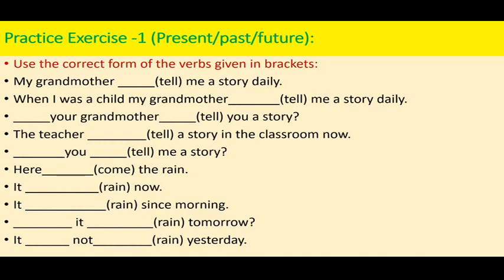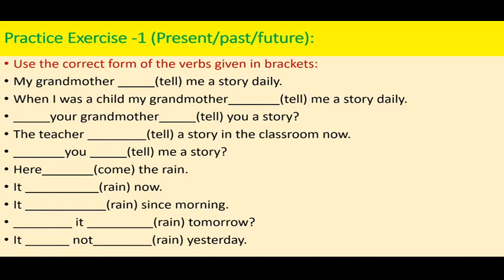Next sentence: dash your grandmother dash you a story. Here again we have tell as a verb. You have to give the correct form of the verb tell. So students, read all the three sentences carefully and you should distinguish where we have to use present tense, where the past tense and where the future tense.